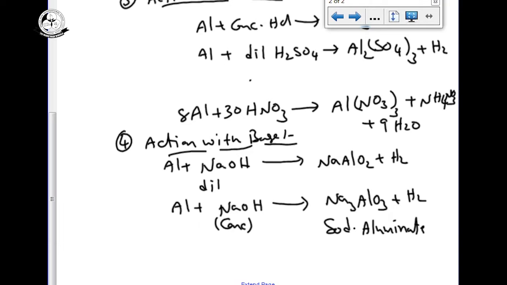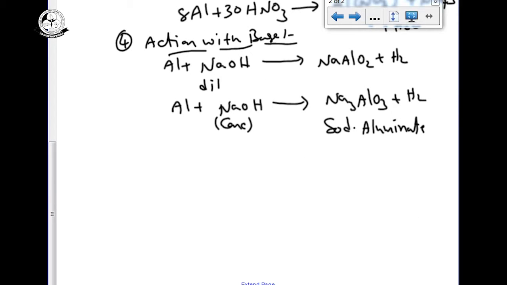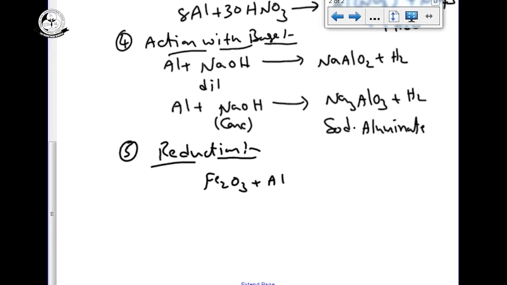Aluminium reacts with halogens to give the corresponding halides, and with nitrogen to give the corresponding nitrides. Aluminium is a highly reactive metal, so it can displace metals from their oxides, and it has the best reducing capacity. For example, iron oxide Fe2O3 with aluminium: the iron is replaced by aluminium, giving Al2O3 plus iron.